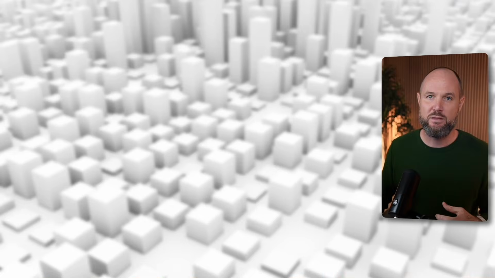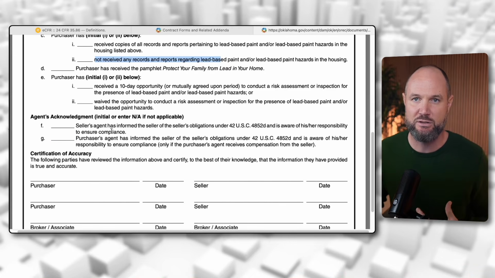Okay, the third thing, this last piece that deals with the agent disclosure, that's the one that's going to cause some confusion. This is the one that you really need to pay attention to so you know exactly whether you as the agent need to initial either of these boxes below. So what's new here is really dealing with the purchaser's agent initials.